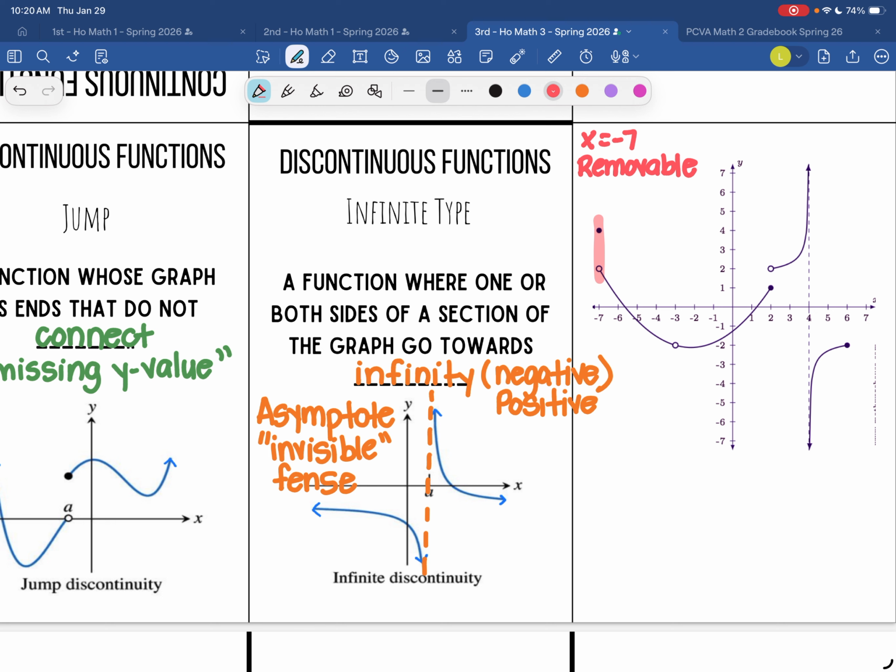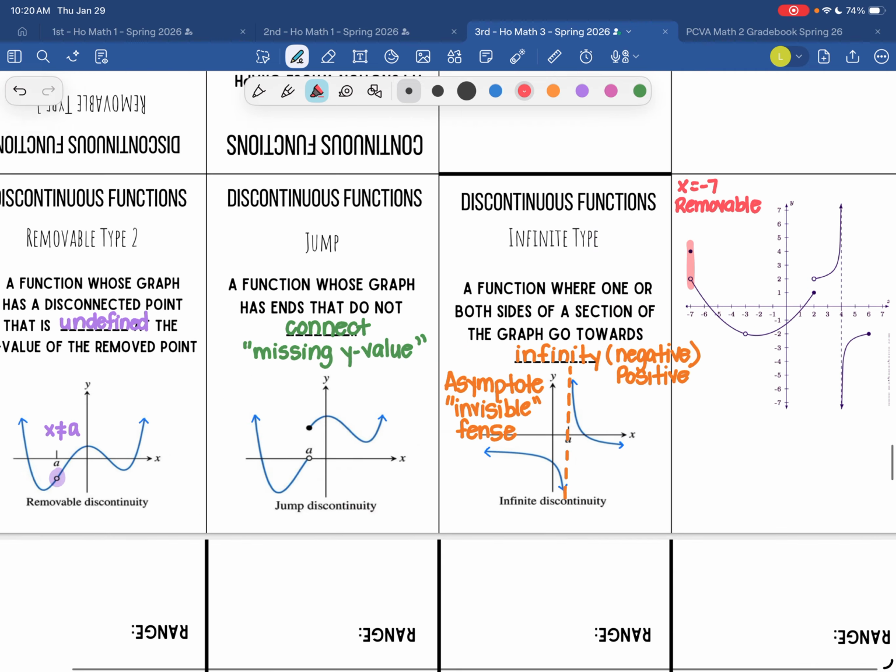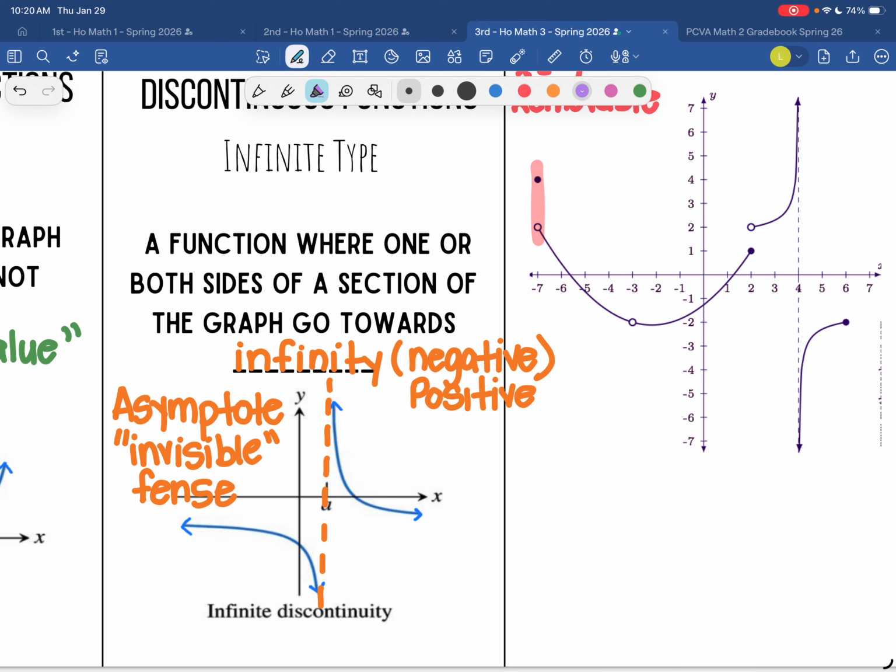All right, as we keep going to the next part, we can see that at -3, we have another hole happening. Now, that one does not fill in, so at x equals -3, it is still removable.